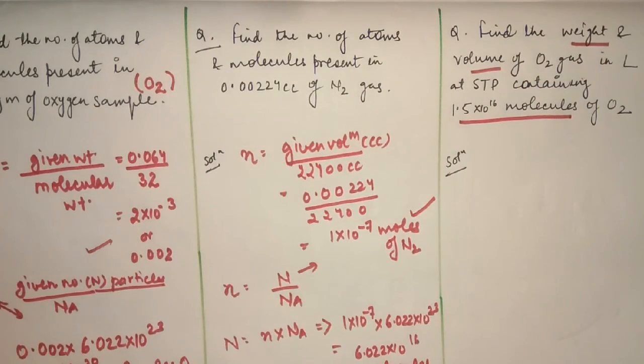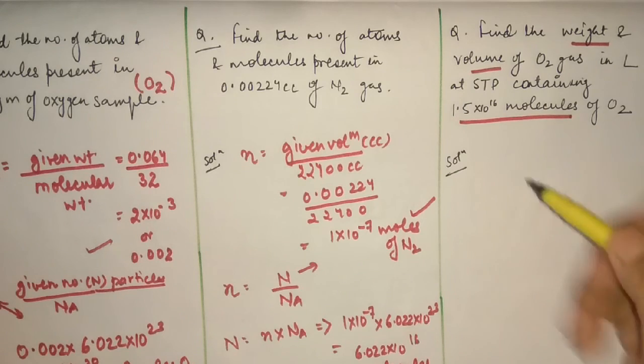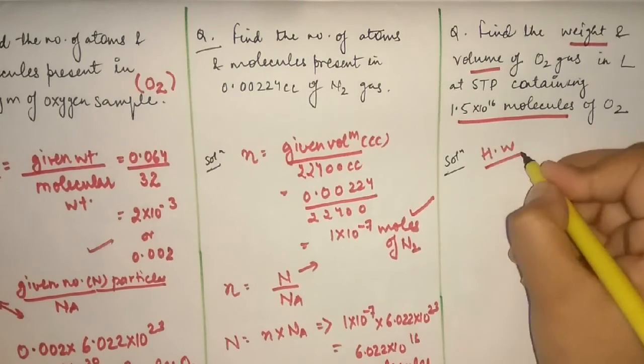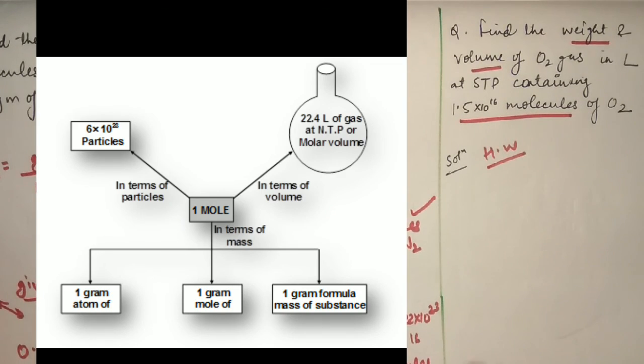When molecules are given, you can easily do it. This is very simple if you have got the basics. This is for your homework, and we will solve it next time. Think about it, it's very easy. You can either go directly by using the unitary method or solve it using the formula also. So that is it for today. Thank you for watching.